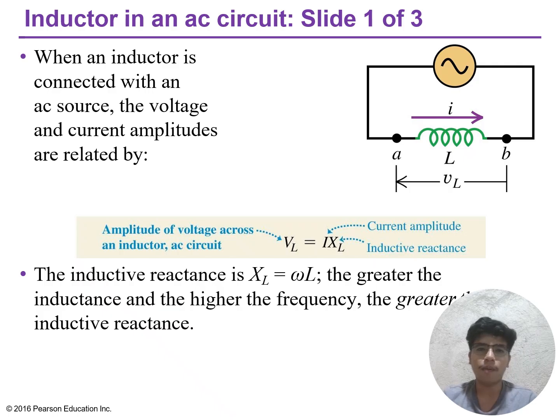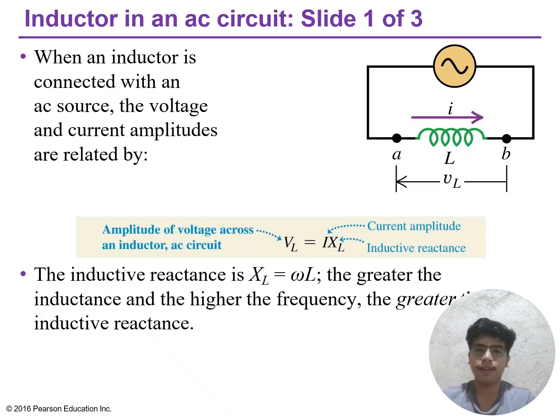A resistor's opposition to current, its resistance, is independent of frequency, but an inductor's opposition to current, or its reactance, grows proportionally with frequency. In DC circuits, where the frequency is zero, an inductor acts like a short circuit with zero reactance, allowing DC current to flow freely. However, at high AC frequencies, the same inductor effectively blocks current flow as reactance becomes very large.